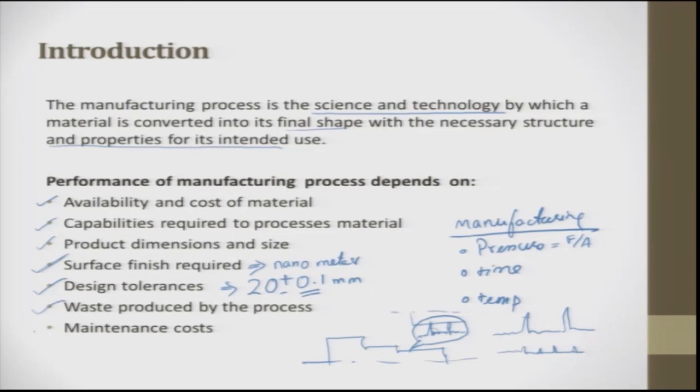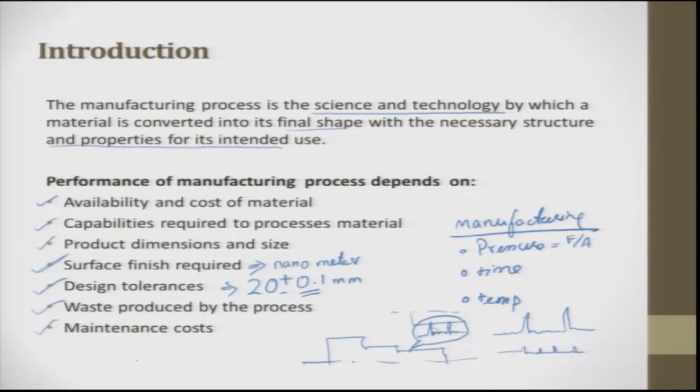The next one is the maintenance cost of the process. For example, when you talk about nanometer surface finish or IC chips, it demands a room or an ambience where the machine is to be maintained in a proper manner. So, there is a lot of maintenance cost involved.